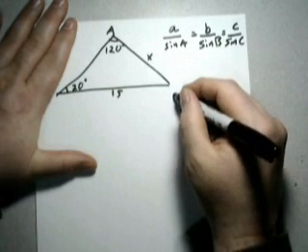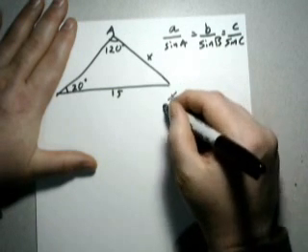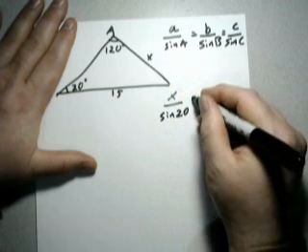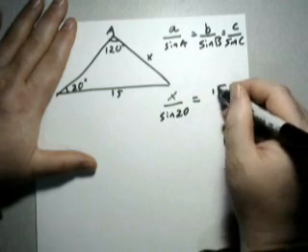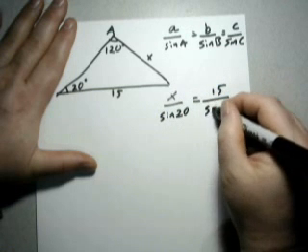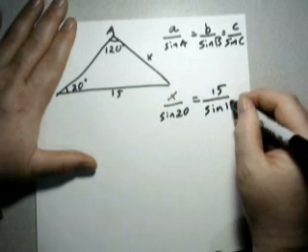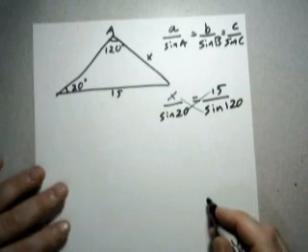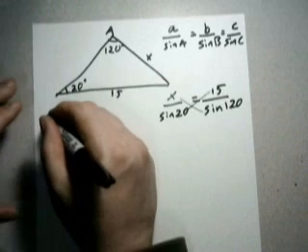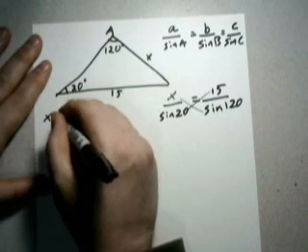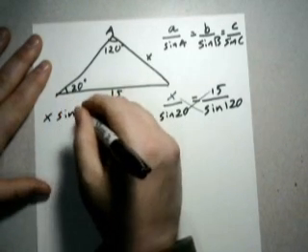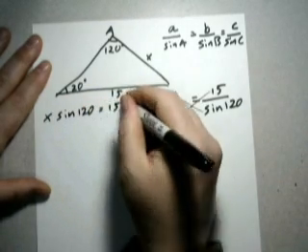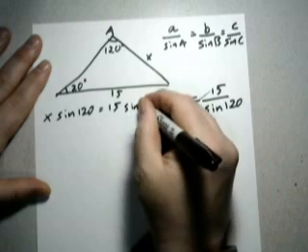So that would be x over the sine of 20 is equal to 15 over the sine of 120. So then we cross multiply, and we have x times the sine of 120 is equal to 15 times the sine of 20.